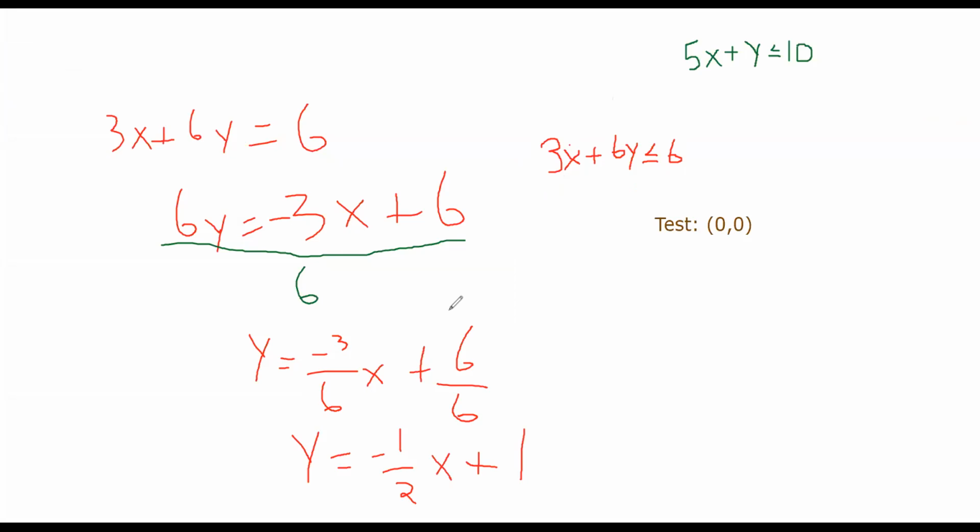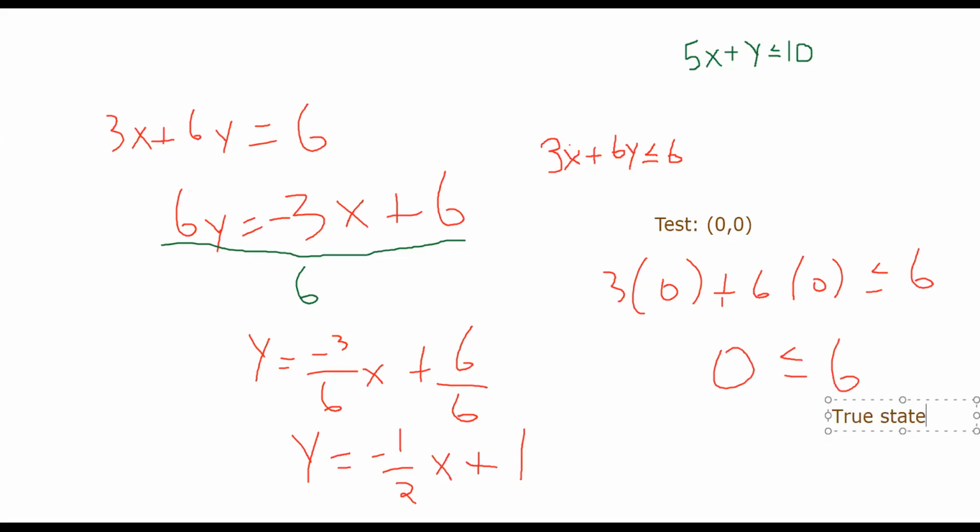All right, so I put a 0 in for x, put 0 in for y. Oh, that's just convenient. I'm going to end up with 0 plus 0 on the left, so just 0. 0 less than or equal to 6, which is a true statement.